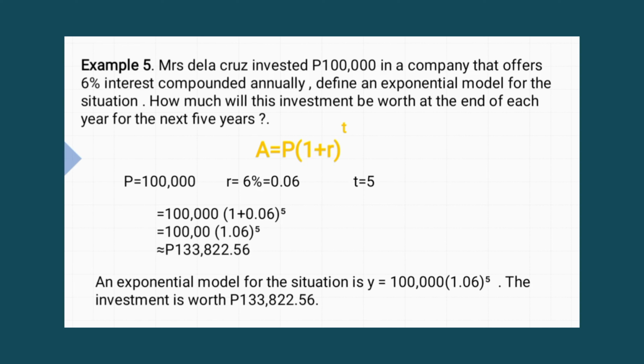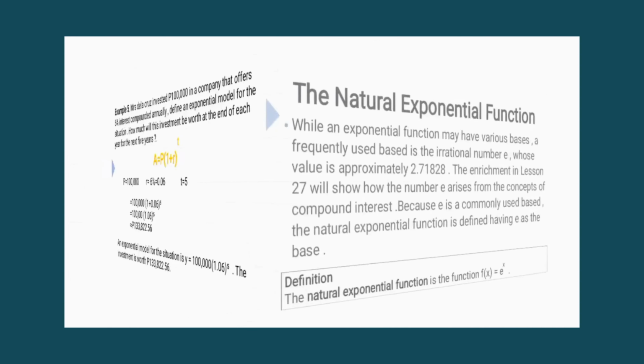So the answer is 133,822.56 pesos. An exponential model for this situation is y equals 100,000 times 1.06 raised to 5. The investment is worth 133,822.56 pesos.